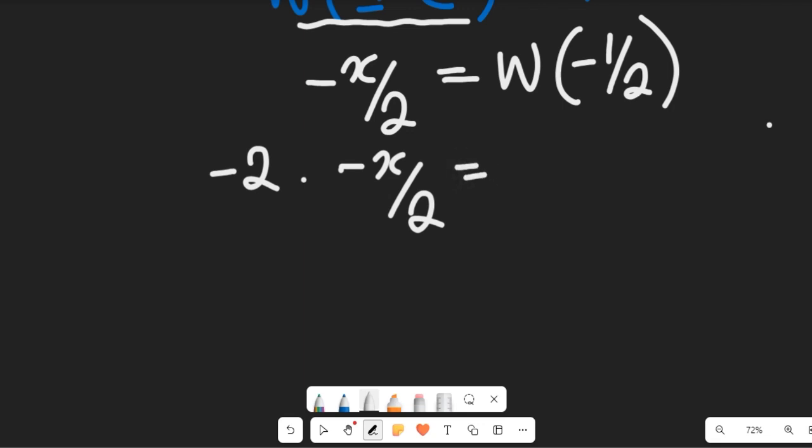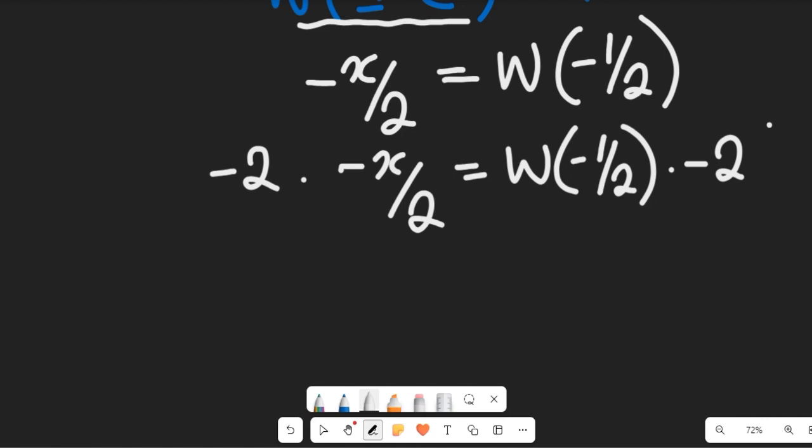And this will give me the Lambert W of negative 1 divided by 2 multiplying negative 2. Now from this expression, 2 will cancel out 2. Negative, this will become 1, right?